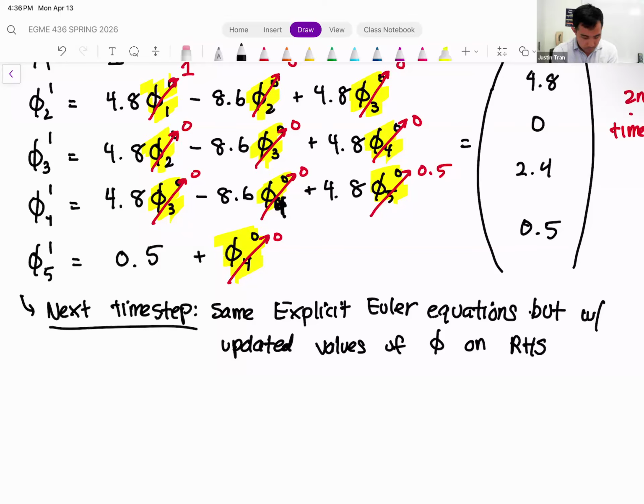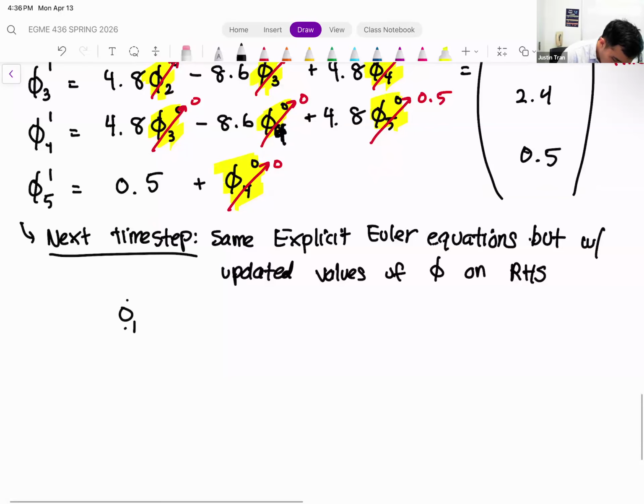Okay, so we go ahead and plug those in. I actually don't even have those in my notes this time, but we go ahead and plug those in. Phi1 at time step 2 is still going to be 1. Okay. Phi2 at time step 2.